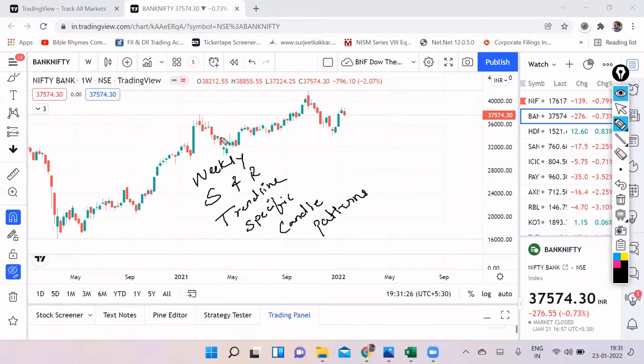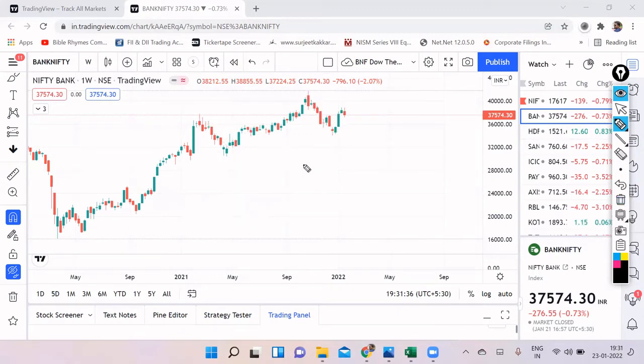So right now if you look at Bank Nifty, in this particular moment you can hardly make out anything. Okay, there is no clear pattern visible. So if there is no clear pattern visible, obviously we'll not get any kind of a pattern. So the second thing is we'll look for any candlestick pattern. If you see we have a dip here and then a rise here.